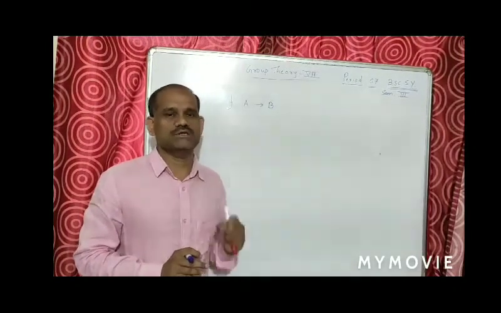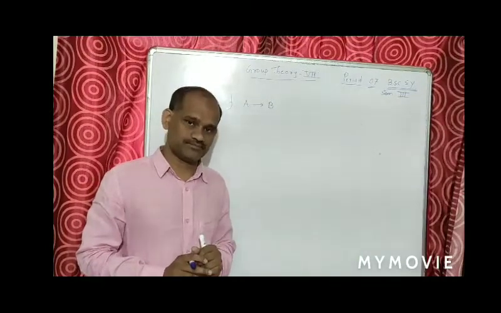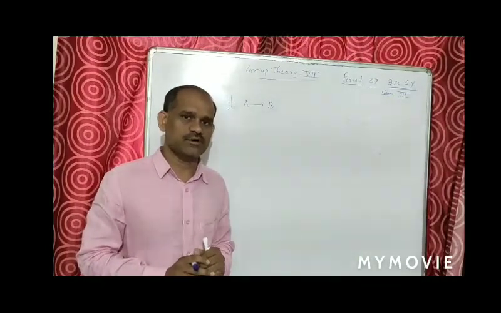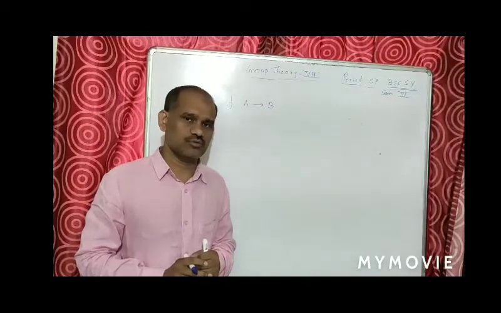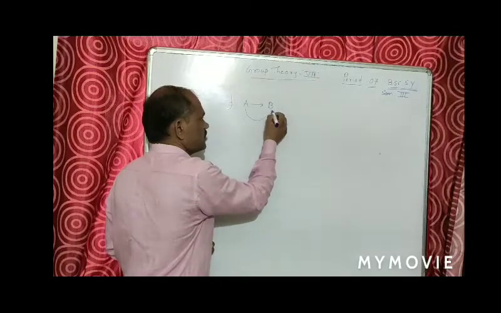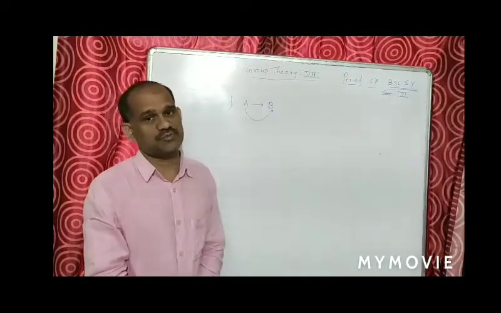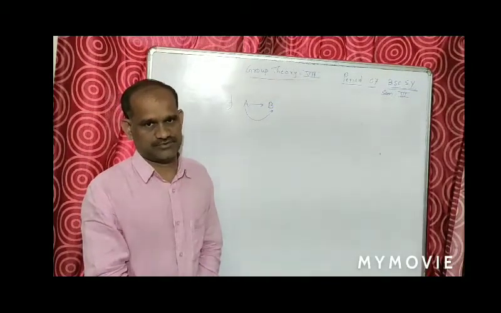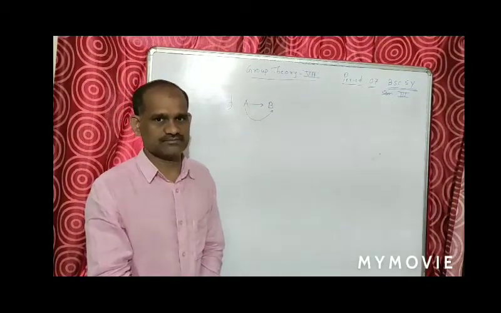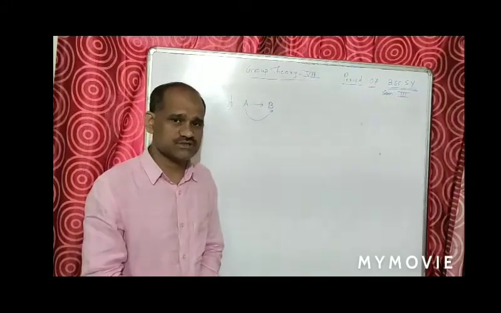Every element of the set A associates to one and only one element of B. This was our definition, and we discussed some examples, and some examples we will discuss here.